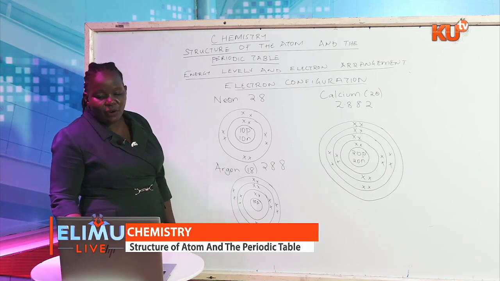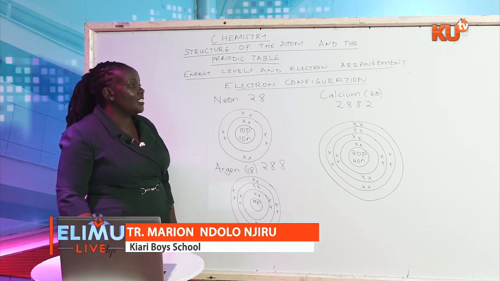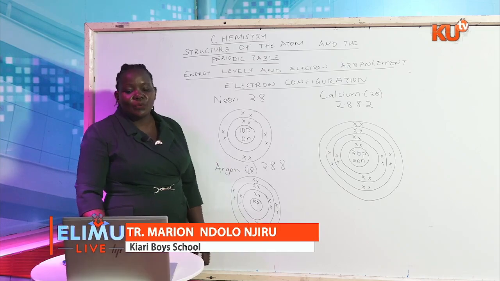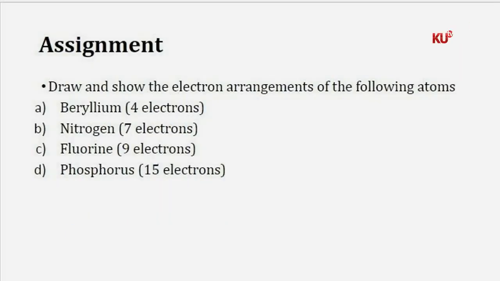To practice on that, I'm going to give you an assignment. We have the assignment on the screen, whereby we are supposed to draw and show the electron arrangements of the following atoms. The first one is beryllium, which has 4 electrons.